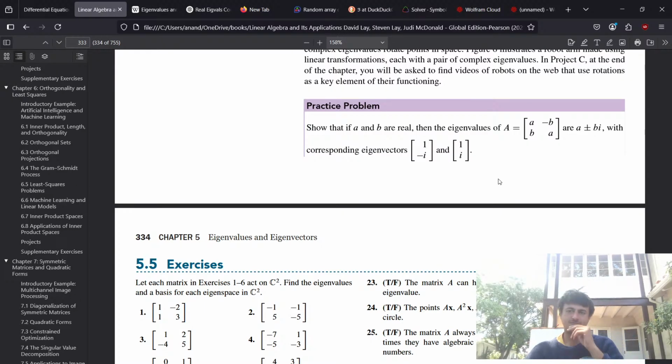No, we never did the practice problem. So we have A minus lambda, minus b, A minus lambda.